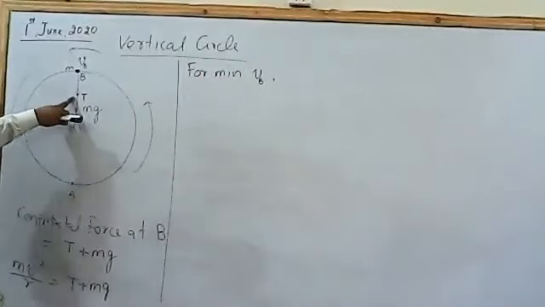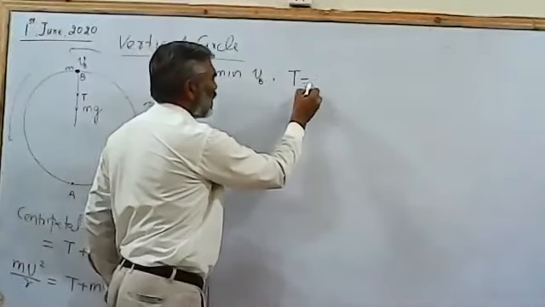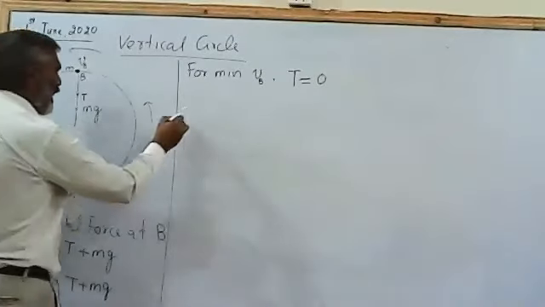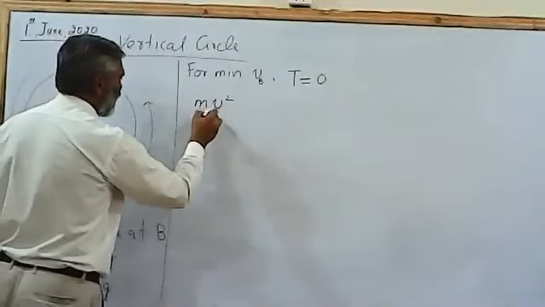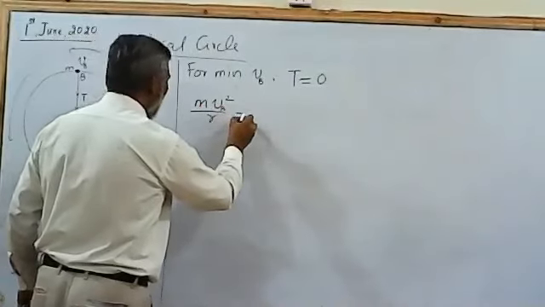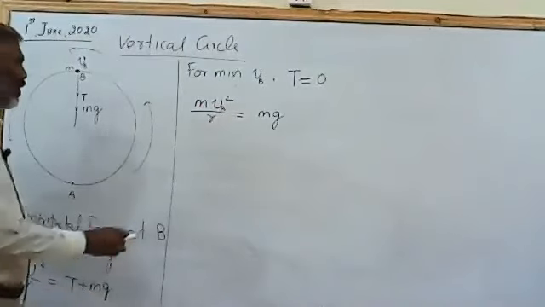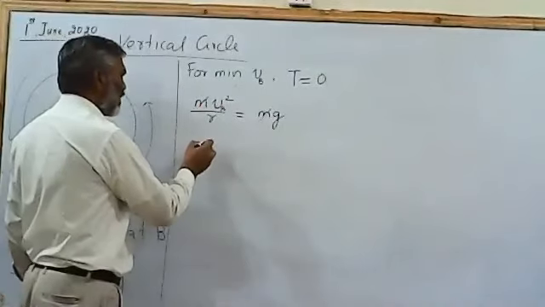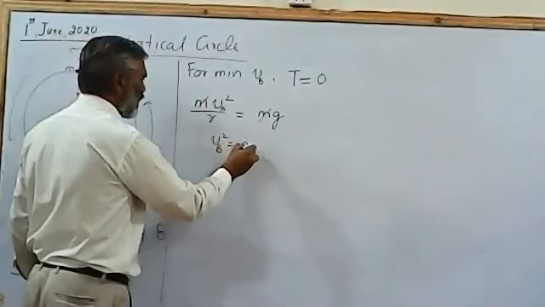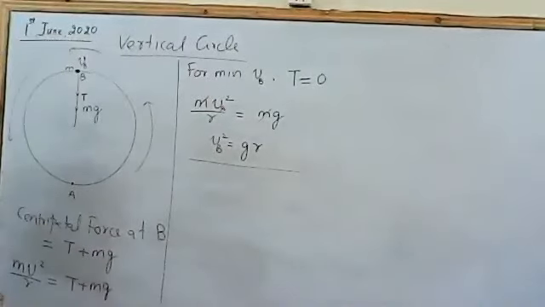The tension will be very small, therefore T can be taken nearly equal to 0. In this case, m v B square over r is equal to mg. Therefore, this gets cancelled, so VB square is equal to g r. This is the minimum speed at the top of the circle.